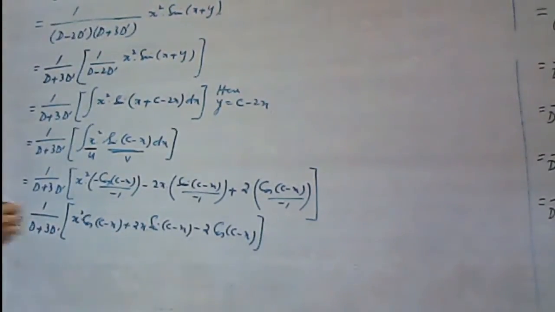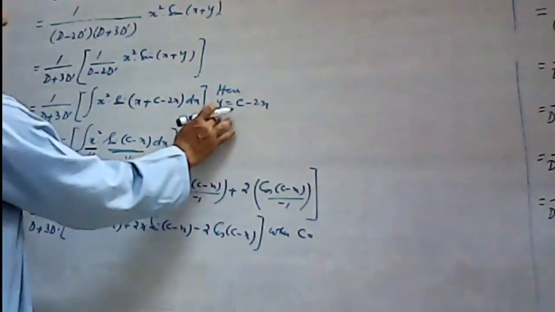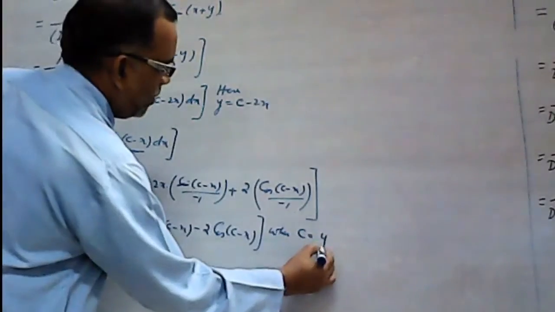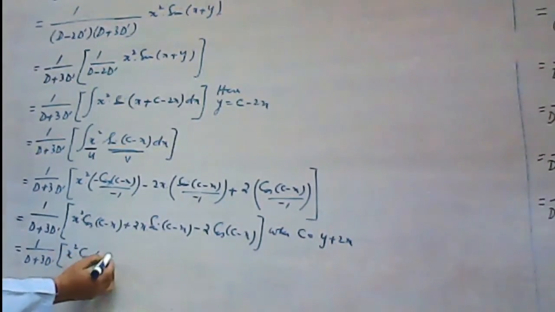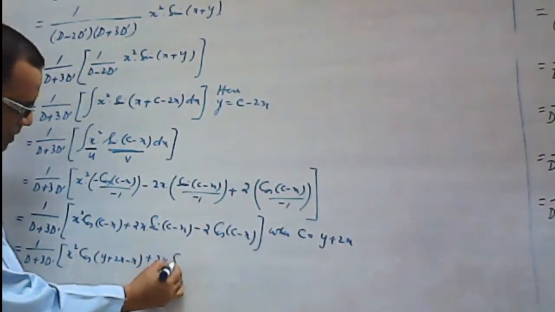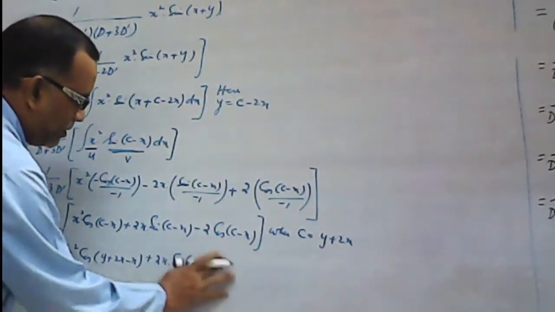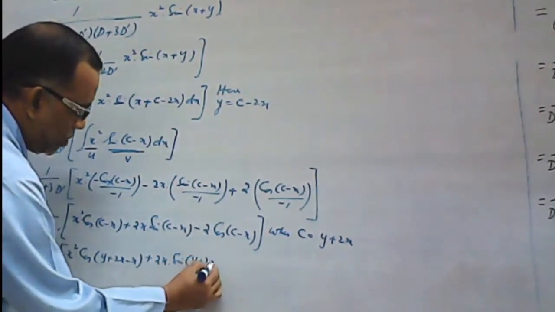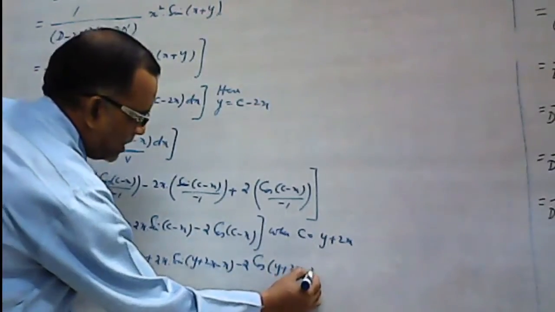Now it is time to back substitute the value of c. Since y equal to c minus 2x, c is equal to y plus 2x. So if we substitute this one, we have x square cos(y plus 2x minus x) plus 2x sine(y plus 2x minus x) minus 2 cos(y plus 2x minus x).